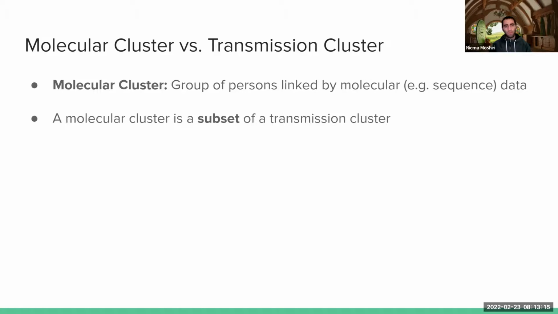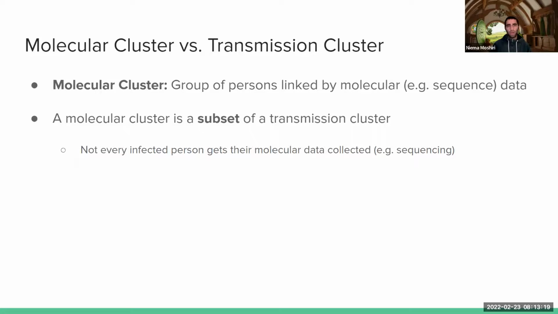So a molecular cluster is a subset of a transmission cluster, because not every infected person gets their molecular data collected. For example, with COVID-19 in San Diego, we don't sequence every single person who tests positive. We sequence a subset of them because of limited resources, limited access to sequencing machines, limited access to the samples, all that good stuff.